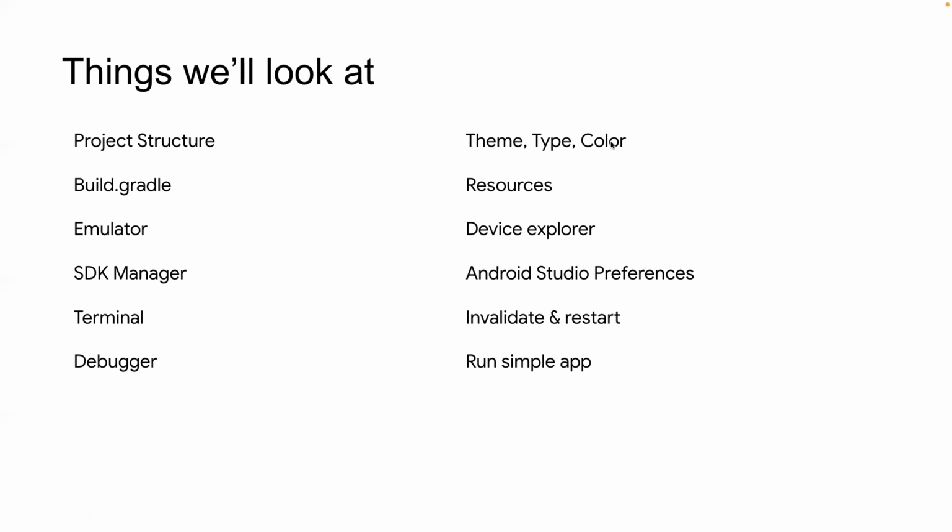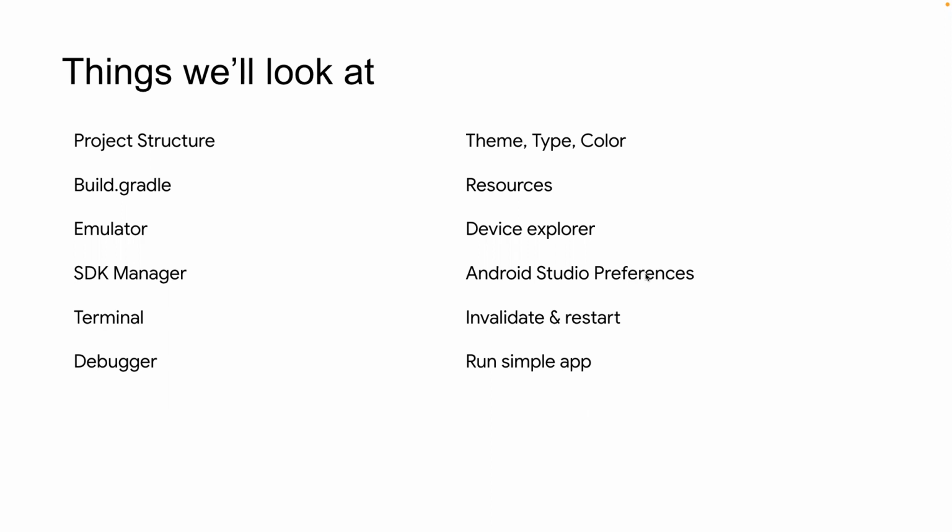And then we'll look at the theme, the type, and the color of Jetpack Compose. I will create a very small sample project, just very minimalistic, so that I could show you the various components of an Android app. And then if time permits, we'll look at the resources for the device explorer.